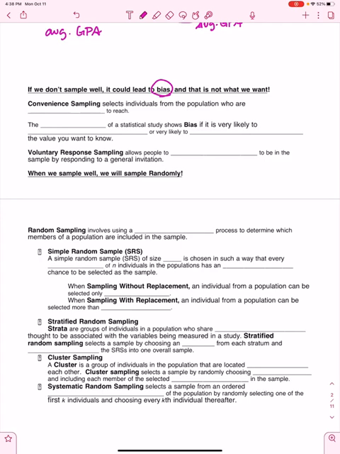Anytime we sample because it's easy on us, that is called convenience sampling. You're selecting from the population who are easy to reach. An example of this might be, let's say my population of interest is CHHS students, almost 2,000 people. Let's say I want to take a sample from CHHS that's easy on me. I want to look at GPA, and I decide to let my third period be my sample.